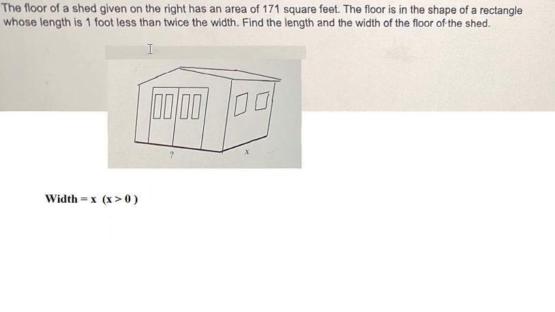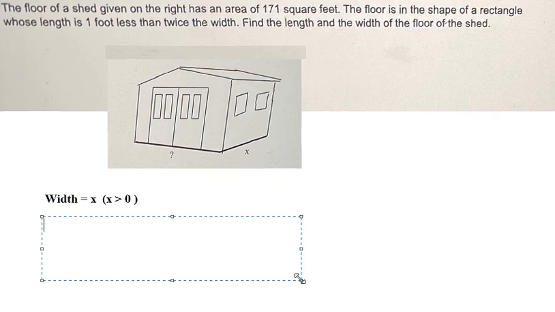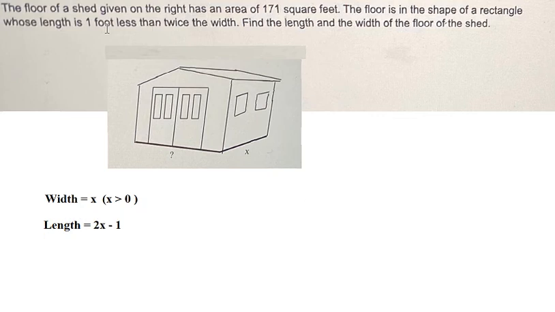Next, the length is 1 foot less than twice the width, so the length should be 2s minus 1, because less than 1 foot, that's why we have negative 1. Twice the width, because we have s, so we have twice, that means double s, so we have 2s.